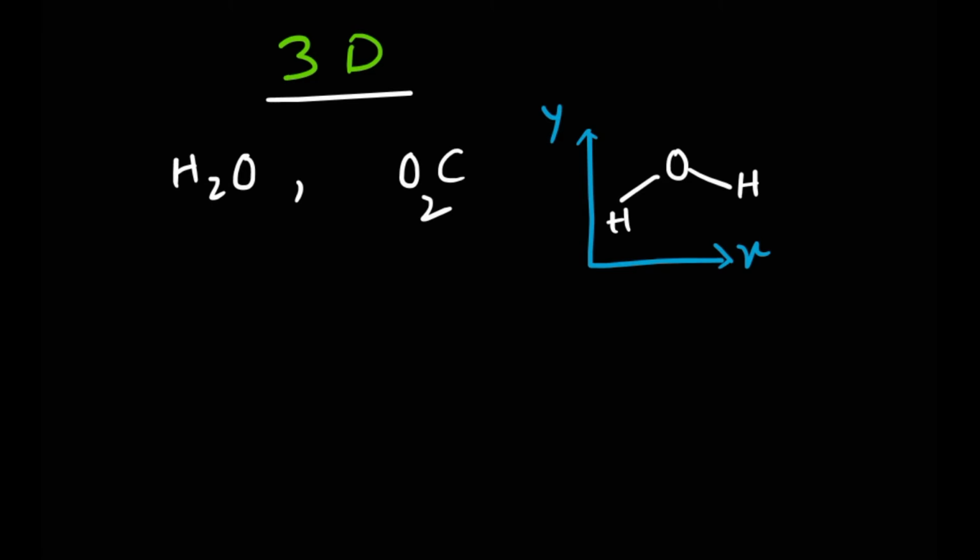Now if we take a compound like, suppose, methane, here the geometry is tetrahedral, and the structure is like this.